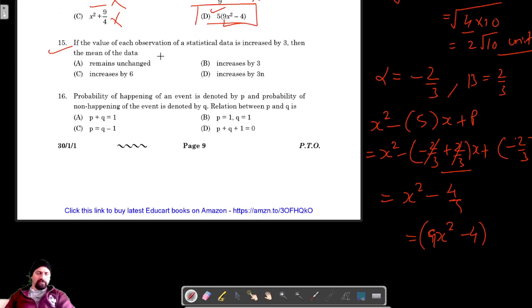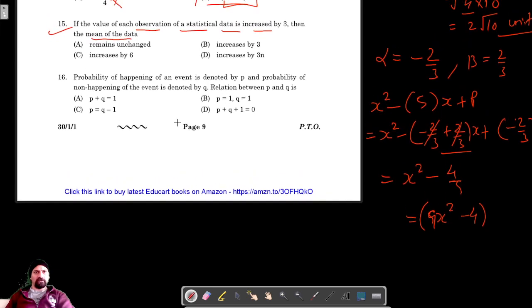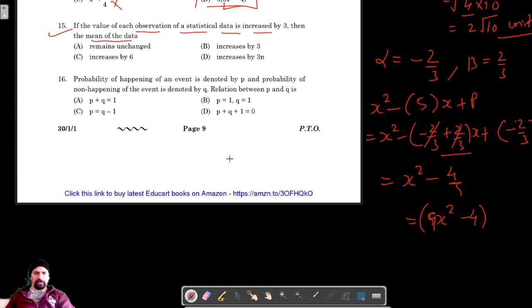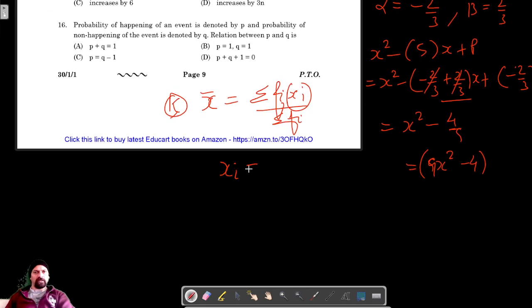For question 15, it is given that the value of each observation of statistical data is increased by 3. Then the new mean will remain unchanged, increase by 3, increase by 6, or increase by 3 times. We know that the mean of data is given by sigma fi xi by sigma fi, where xi is the observation. The new observation is now 3 times the old observation.